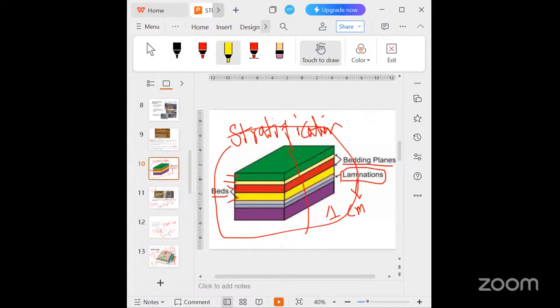And next one is igneous foliation. They are observed in igneous rocks, and those are also known as primary foliation. And a fault plane is a fracture along which the rock blocks have been displaced.